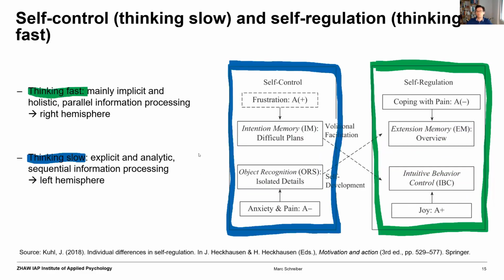And maybe more important for the vocational ID is the differentiation between thinking fast and thinking slow. I refer to Daniel Kahneman, and here Kuhl differentiates between the right hemisphere and the left hemisphere.